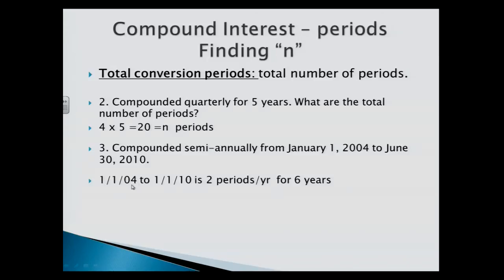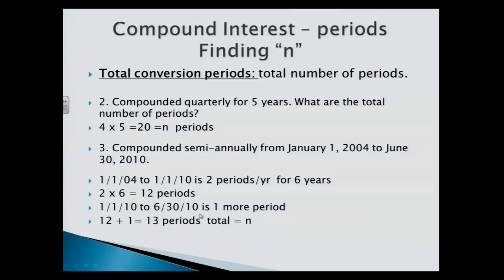So 10 minus 4 is 6 years. 6 years, I said it's semi-annual, so that's 2 periods. 2 times 6 is 12 periods, but we have one more period from January 1st, 2010 to June 30th, 2010. There's one more period. So we have a total of 13 periods. N equals 13. That's for compounded semi-annually from January 1st, 2004 to June 30th, 2010.